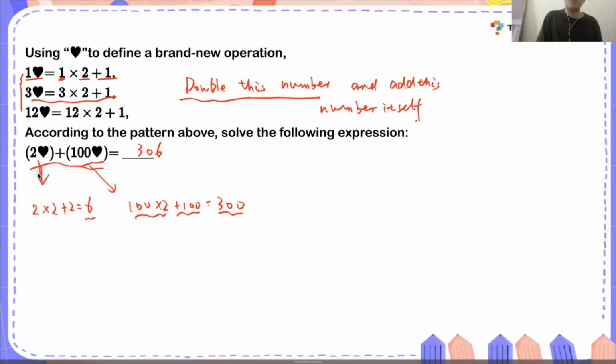And the first part, we just do 2 times 2, add 2, and we just have 6. Oh, sorry. I think I made the mistake, right? We just add 1. Sorry for that. Okay, I will change this part.